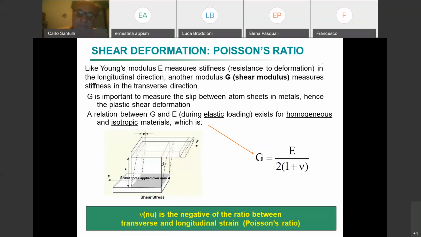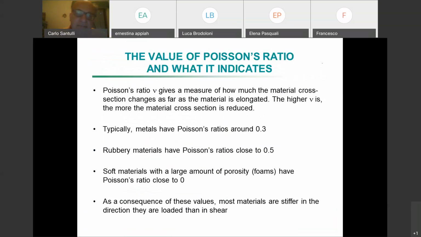Therefore, we can give some more indications: typically on metals we have Poisson's ratio around 0.3. In rubbery materials, you may get even to 0.5. What does it mean? That in reality, they elongate a lot. They resist elongation, but they are able to elongate a lot.